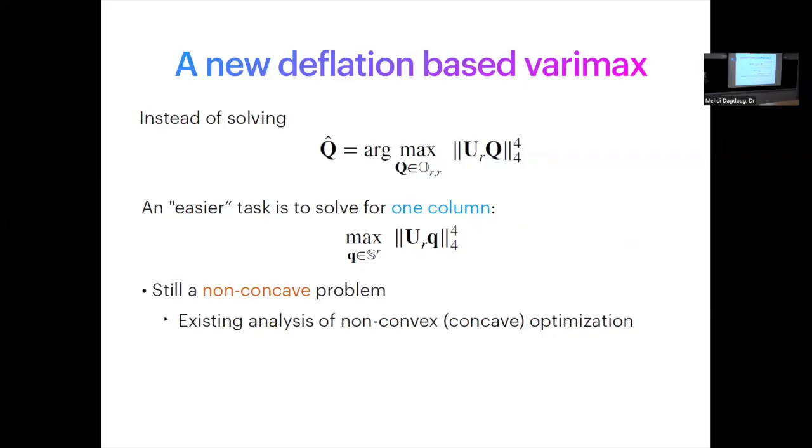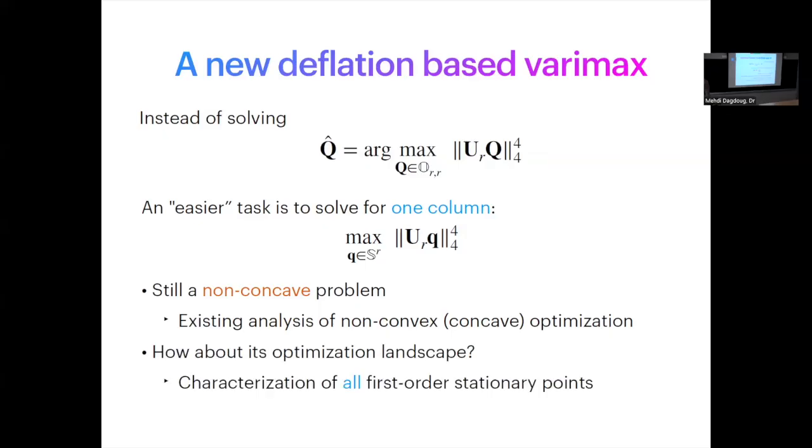Also, this is algorithm-specific analysis. But in this paper, we're going to consider a different analysis, which is more general. We want to characterize the optimization landscape, in the sense that we're interested in the characterization of all first-order stationary points. If we're able to characterize all the stationary points, then we can identify the good ones and try to move away from the bad ones.